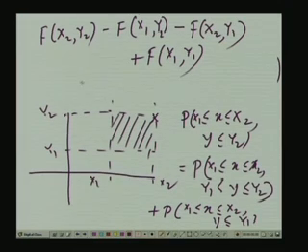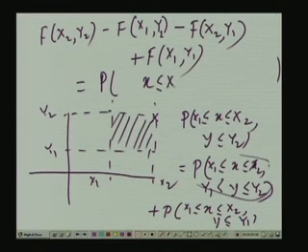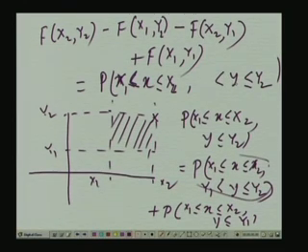So, this is equal to what we wanted, this quantity, less than. Okay. Remember this, I will need this expression later.